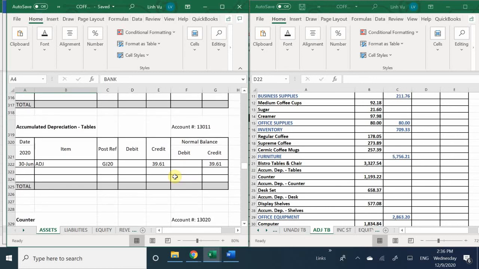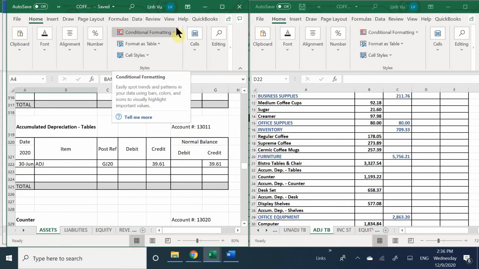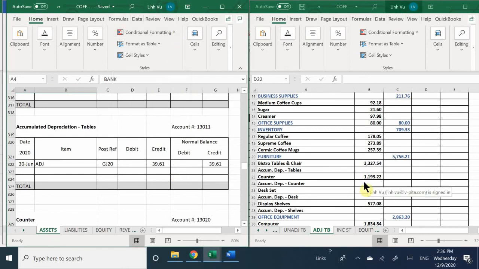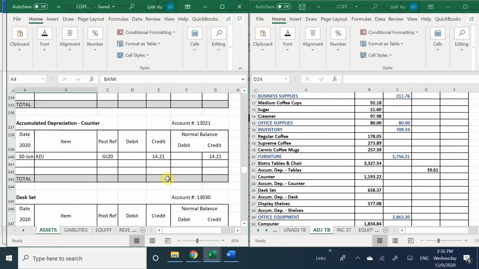Perfect. Okay, so let's go ahead and go through every single one. Our accumulated depreciation for the tables is a credit for $39.61. So tables again. Make sure you're on the credit side for $39.61. Okay. What about your counter?